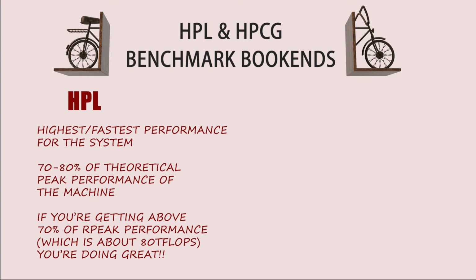So another way to think of it is this. We have a number which we think of as the theoretical peak performance of a machine. You're never going to get that number. HPL will probably get around 70 to 80% of the theoretical peak performance. You could get a little higher, but that's rare. And then there's the HPCG.